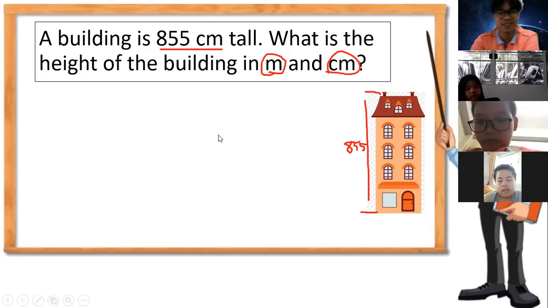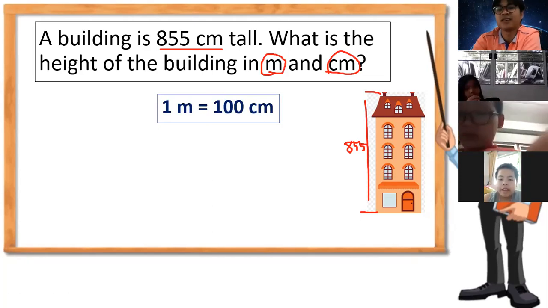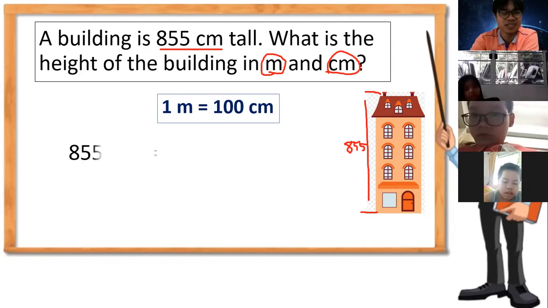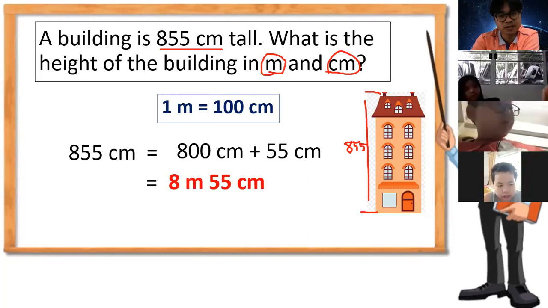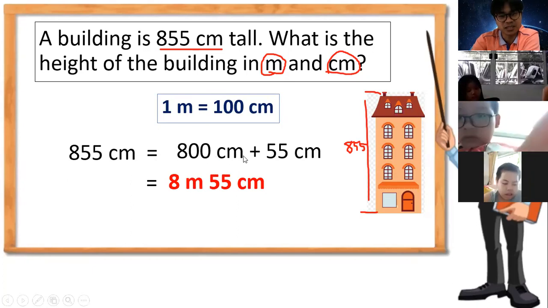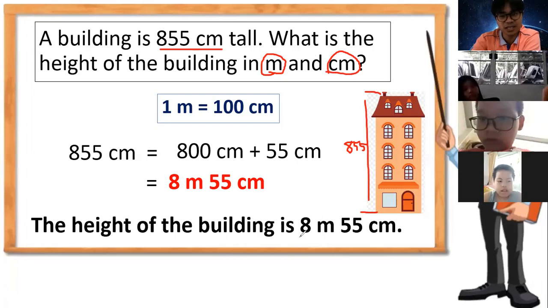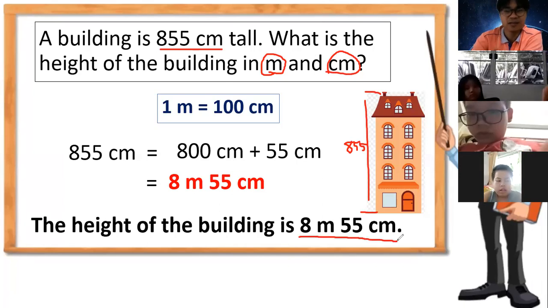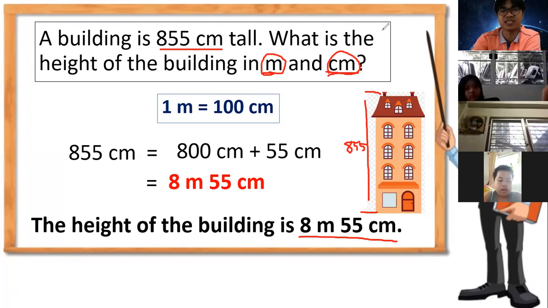What's the answer, in meters and centimeters? 8 meters and 55 centimeters. Very good, that's correct. So 800 centimeters plus 55, so 8 meters and 55 centimeters. The height of the building is 8 meters and 55 centimeters, because we are asked to give the measurement in meters and centimeters.